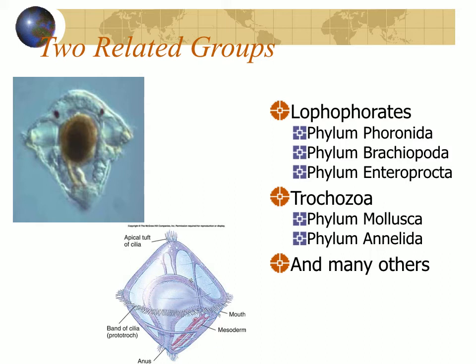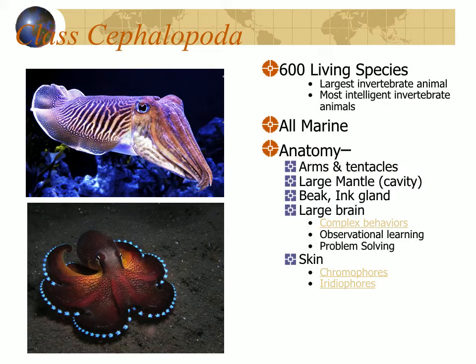So there's the Lophophorate phyla, and then the Trochozoa phyla, which are the ones we focused on: Mollusca and Annelida. The Mollusca, really nice, and I really like the neat classes in there, particularly the Cephalopods, maybe the most advanced invertebrates, large and complex.